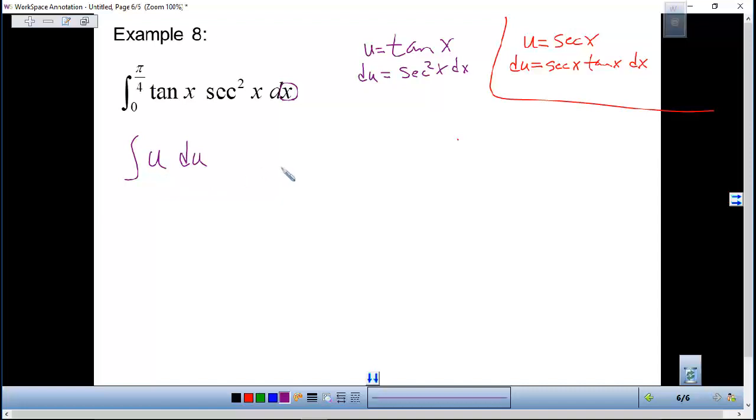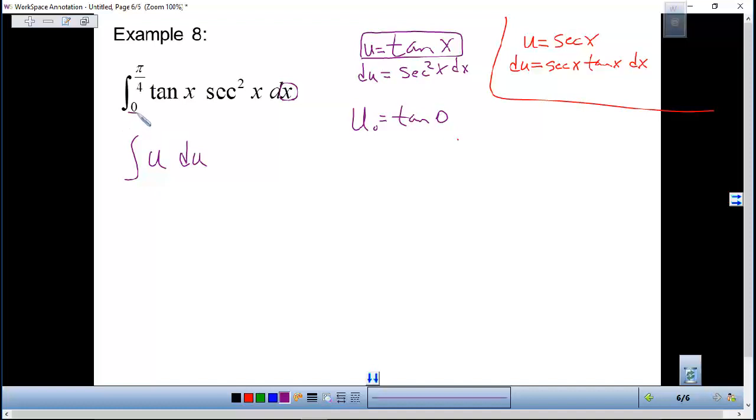Now, there's one of two ways you can solve this. You can go ahead and swap these over into terms of u. The way you do that is with your u substitution. For instance, right here, you know that u equals tangent x. So if I wanted to find what u was at 0, you're going to end up with tangent of 0.